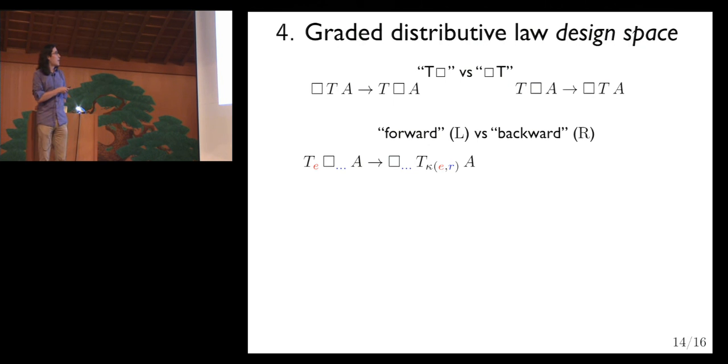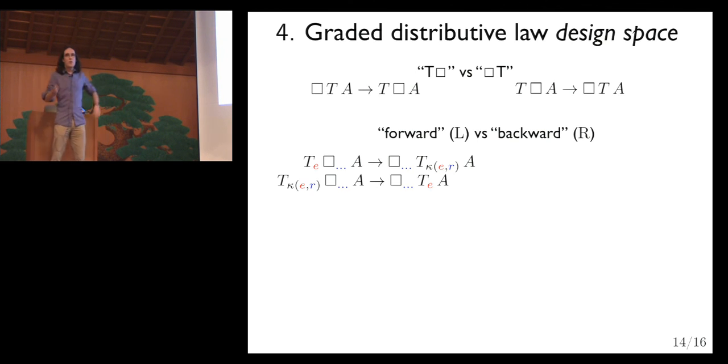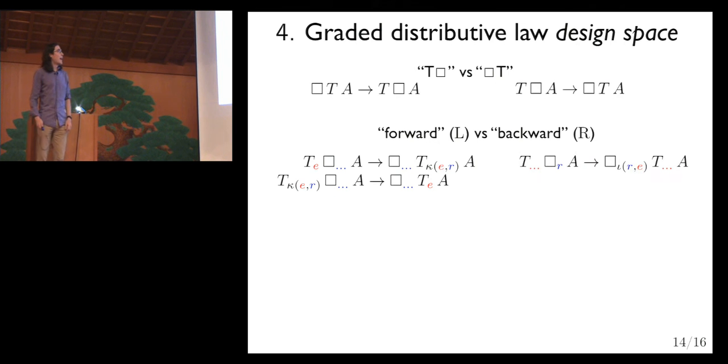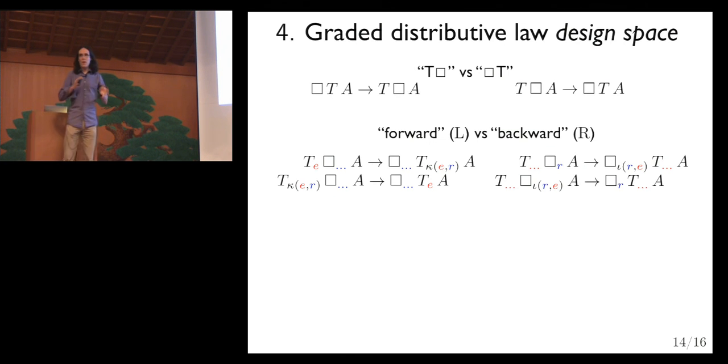So I could have my effect TE on the right, and I could compute a new coeffect on the left, and I could be computing the new effect on the right. Or I could do it the other way around. So in my example, I had it this way around, but you could also consider a backwards data flow property, and the same for coeffects. And so there's another dimension of choice there as well.